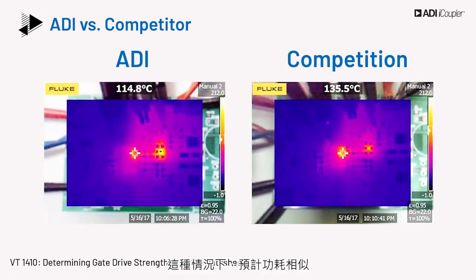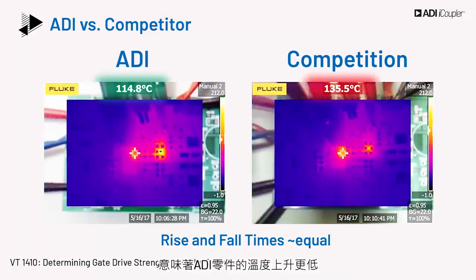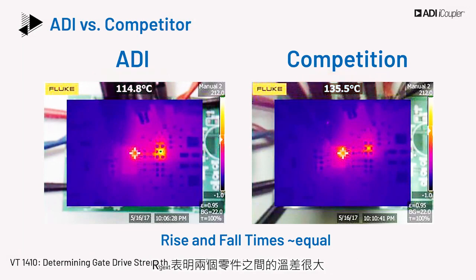In such a situation, similar power dissipation is expected, but the distribution of power between the IC and the external gate resistor means that the temperature rise of the ADI part is lower. The heat maps obtained using a thermal imager show the dissipation within the part and R_GEXT, and indicate the temperature difference is significant between the two parts.